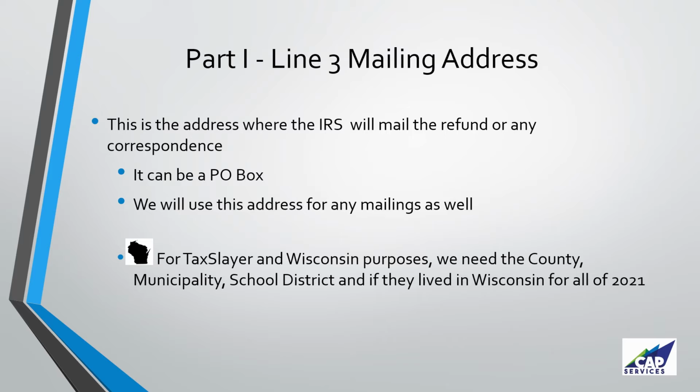For TaxSlayer and Wisconsin purposes, we need the county, municipality, school district, and if they lived in Wisconsin for all of the current tax year. Notice the state of Wisconsin icon here. That tells you to enter this information on the Wisconsin information sheet. The numbers on the information sheet will match those on the 13614C.